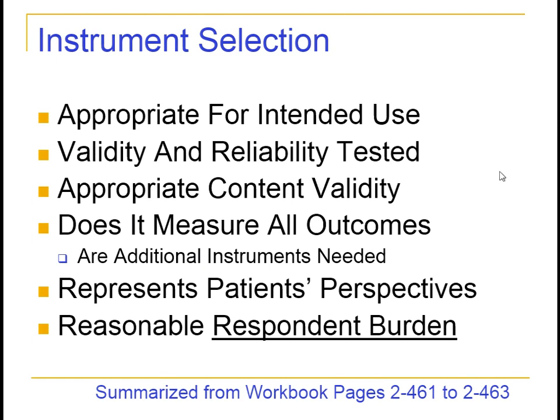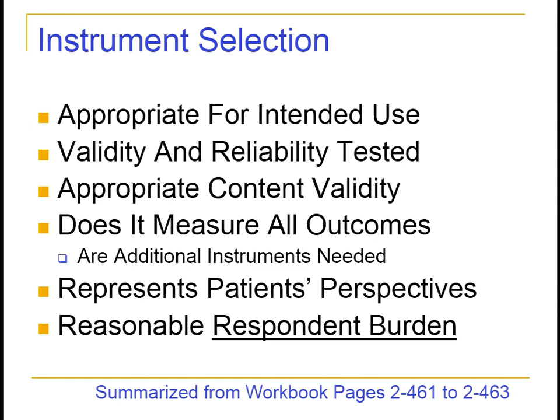So in order to use an appropriate PRO, you need to make sure it's for the intended use, for one of the three types of aspects, and whether or not you want to use a general or a specific one. It needs to have validity and reliability tested. It needs to be appropriate for the content of the study that you're doing.